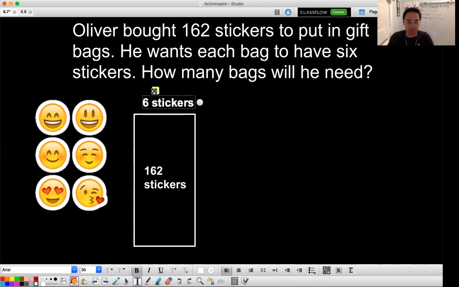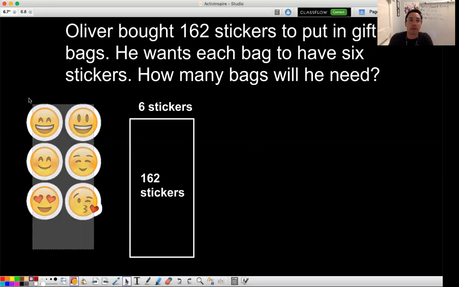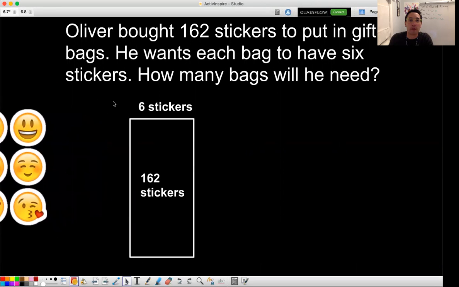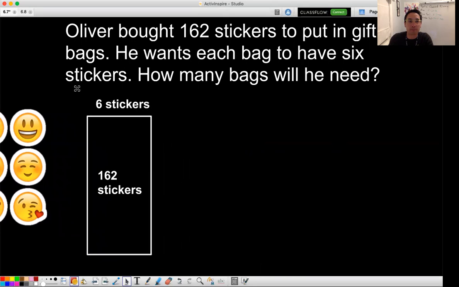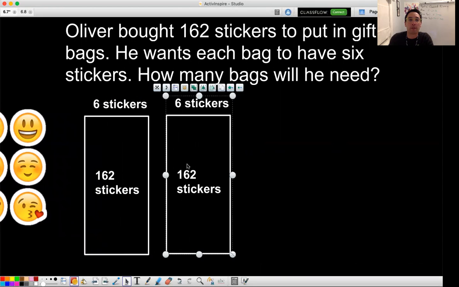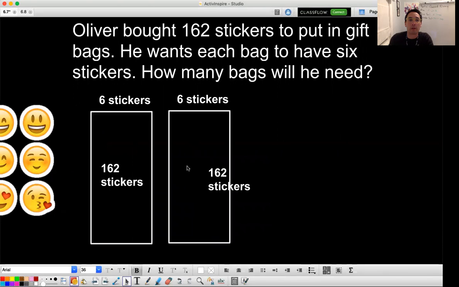What we're trying to find out is, we know the length is 6. How long is this? So again, lots of different ways to solve this. I will solve it one way, but you could solve it a whole variety of ways. You know how I like my 10s.